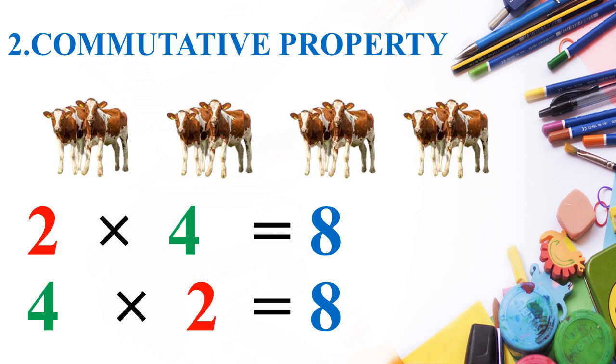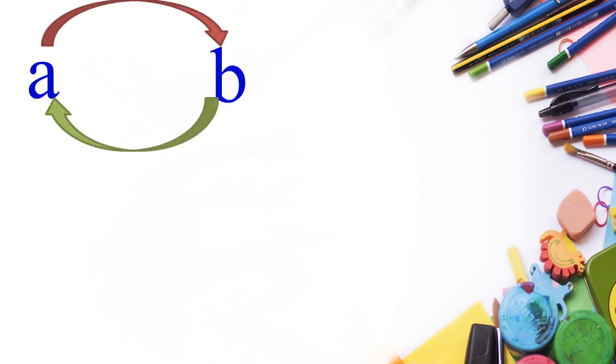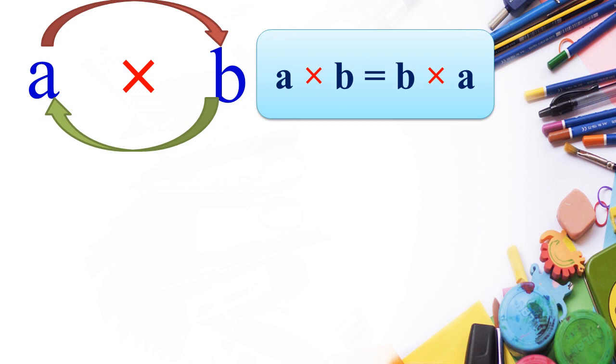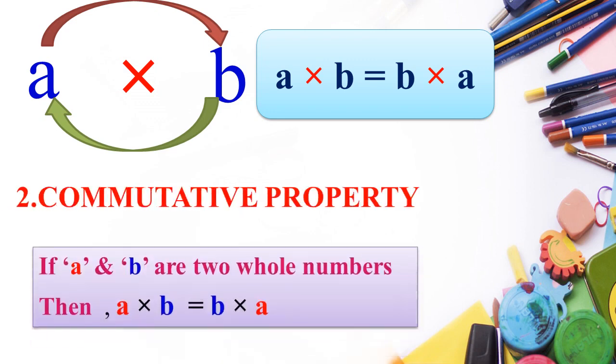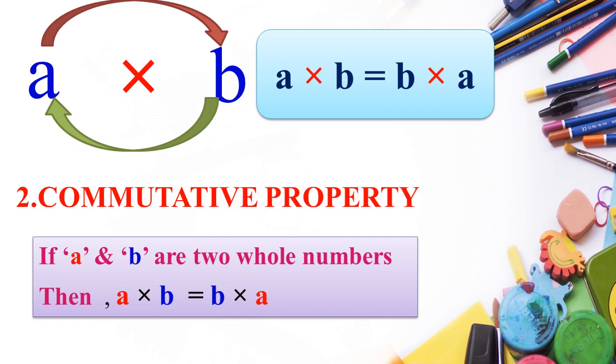Here, both answers are the same. So, we learn from this, when two whole numbers are interchanged, the product is the same. That is, A into B equal to B into A. So, we define the commutative property as: if A and B are two whole numbers, then A into B equal to B into A.